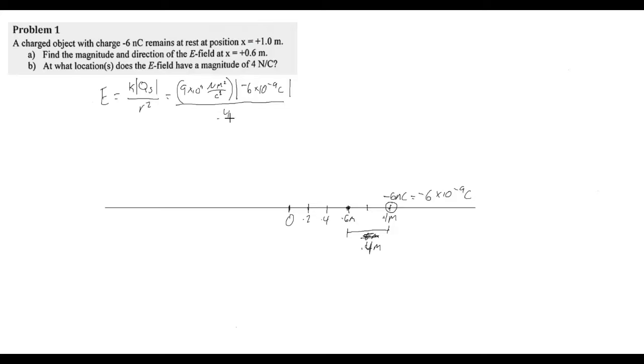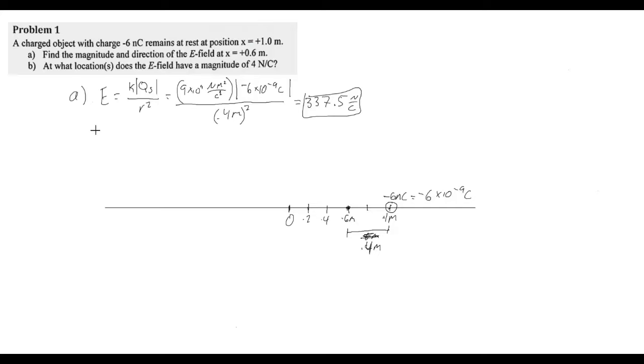So we're going to have 0.4 meters here, and don't forget to square it. That is something people forget all the time. When you go through this math, you end up with an E field strength of about 337.5 newtons per coulomb. So that was part A.